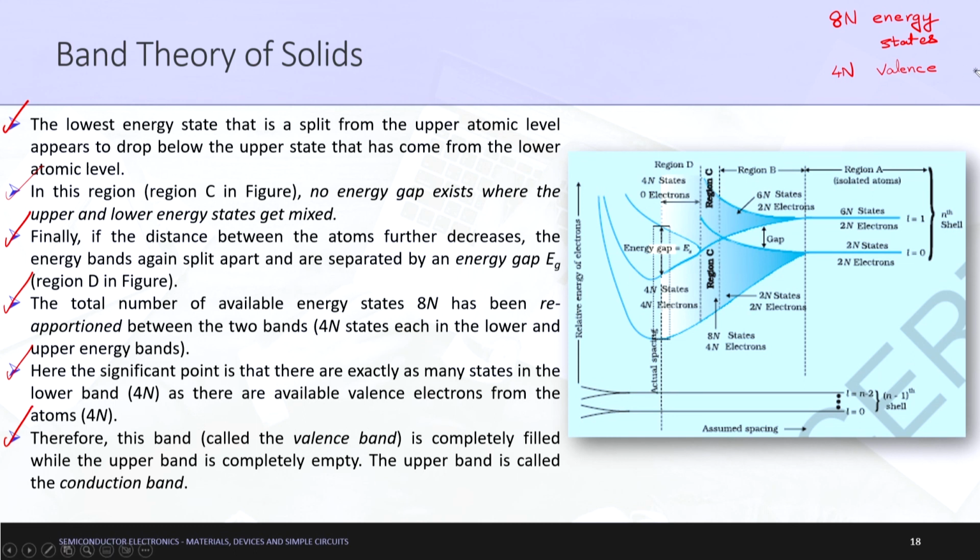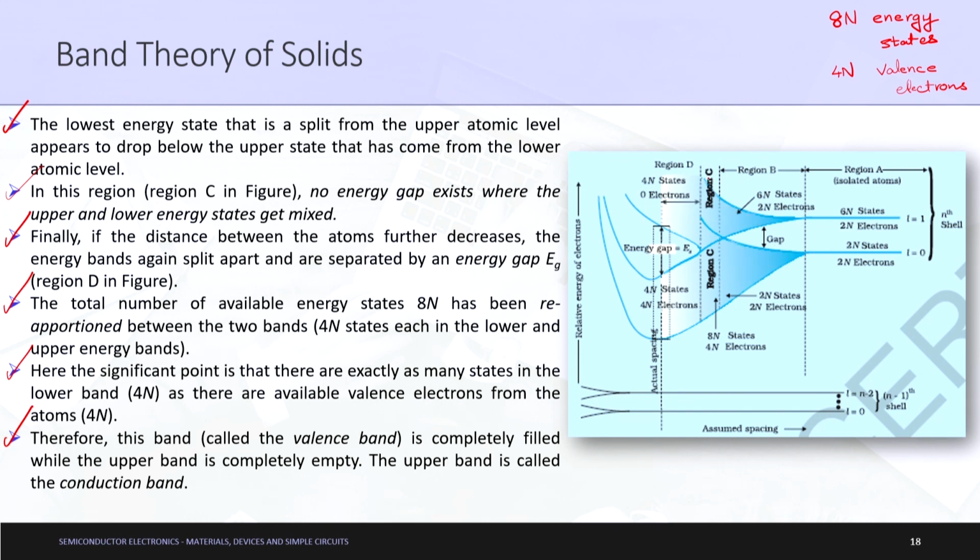So, basically these electrons would be residing somewhere. If they are residing in the portion where there are isolated atoms, very far from each other, then 2n electrons will be residing in 2n states and 2n electrons will be residing in 6n states. And when we try to decrease the distance between atoms, there will be a continuous band due to energy fluctuations, and there will be an energy gap.